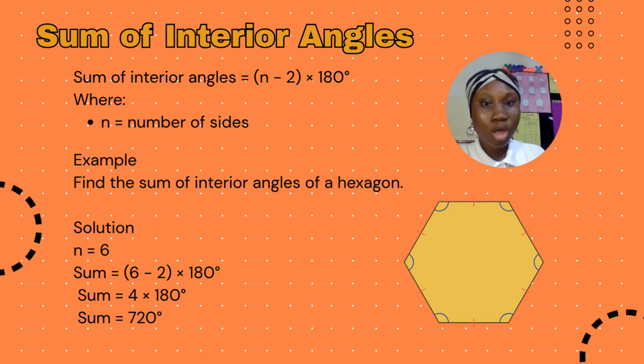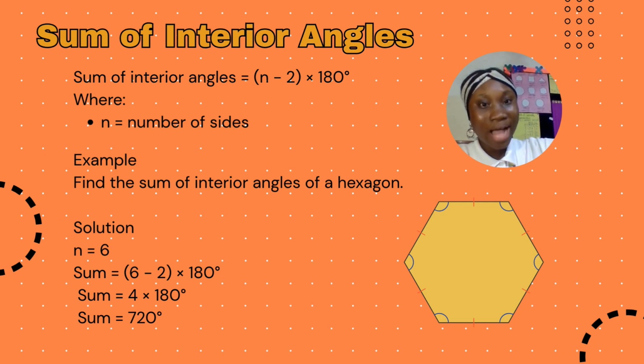Look at my example now. We're told to find the sum of interior angles of a hexagon. If you don't know how many sides a hexagon has, count it. But we who know the number of sides know that it's 6. So our n is 6. Slot it into the formula: 6 minus 2 gives you 4. And 4 multiplied by 180 degrees gives us 720 degrees.